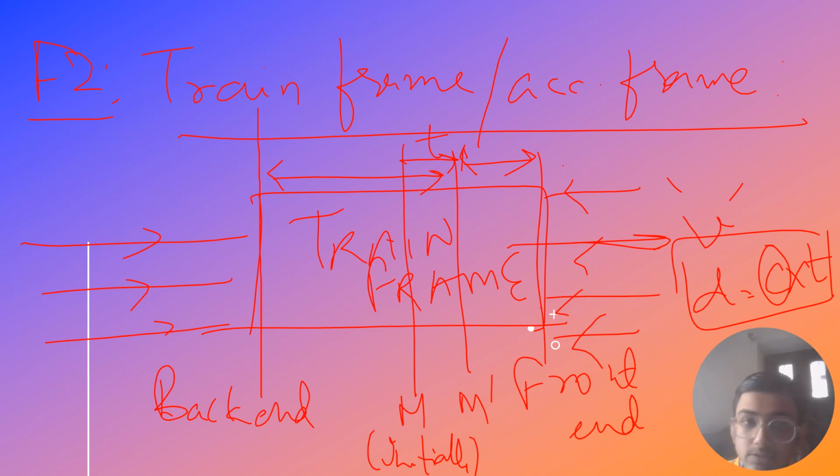But when we are concerned about the train frame, or the accelerating frame, then the same event is not simultaneous, because from the front end it is at less distance, so the effect of the event happening at the front end will be visible first, in less time, at M dash, than the same from the back end.